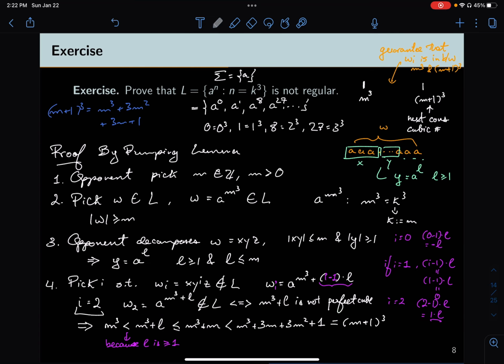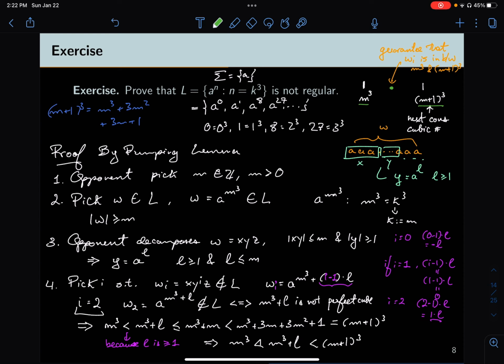Okay, so what this implies is that M cubed is strictly less than M cubed plus L, which is strictly less than M plus 1 cubed, right? And so what that means is that we have indeed proved that M cubed plus L, the length of the pumped string, is in between M cubed and M plus 1 cubed.